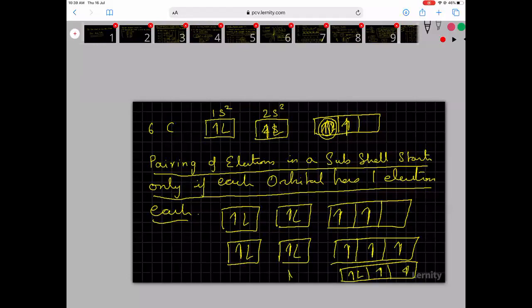So this is oxygen. So the first rule: electrons fill in terms of increasing energy, that is, the lower energy orbitals are filled first. Then pairing of electrons starts only after each orbital has one electron.